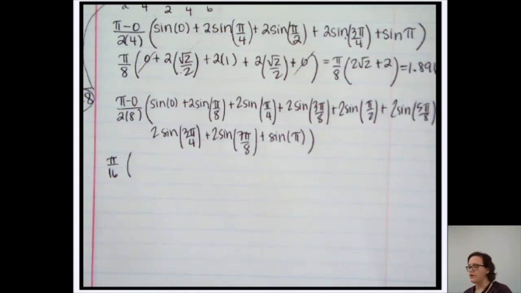Now this one is harder than the previous one because pi over 8s are not something we know. You have to use a double angle formula.